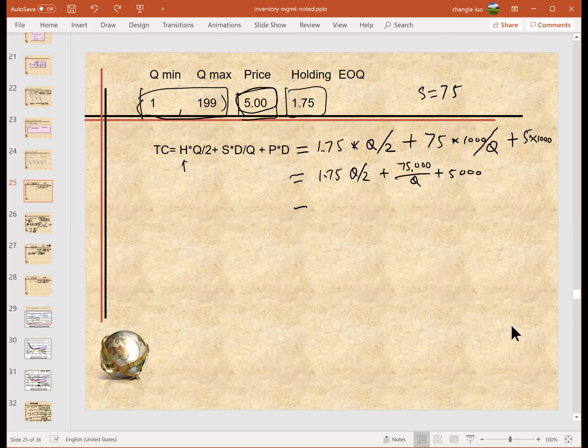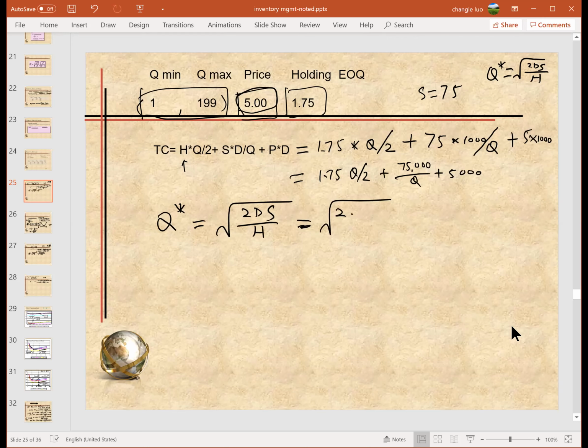And this Q star is also 2DS divided by H. So we're going to calculate Q star, which is 2 times D, which is 1,000, times S. I'm sorry, the S is not 1.75.